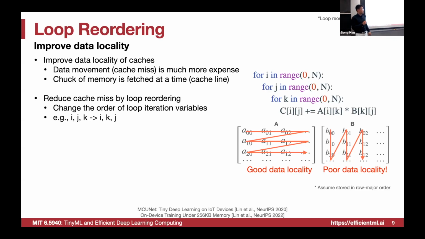Can we reduce the cache misses and improve the data locality by changing the order? Originally it's ijk. What about ikj? What will happen if we do that? What will be the order for B if we change the order from ijk to ikj?